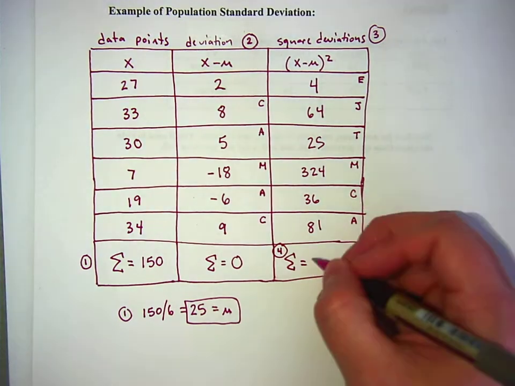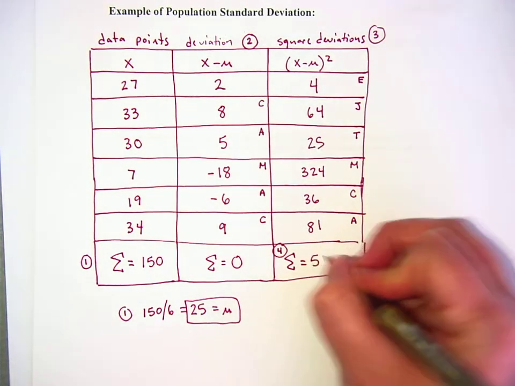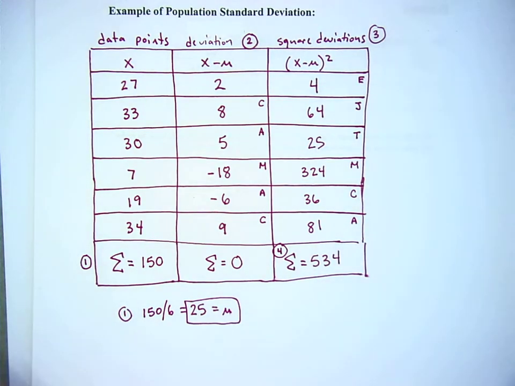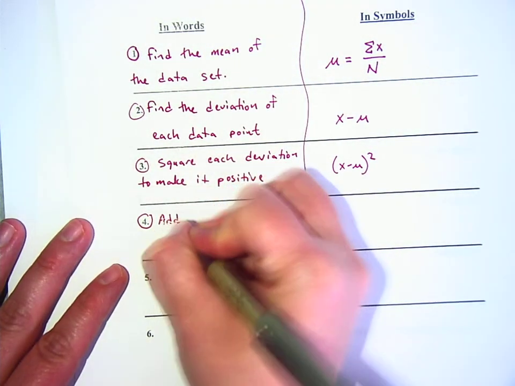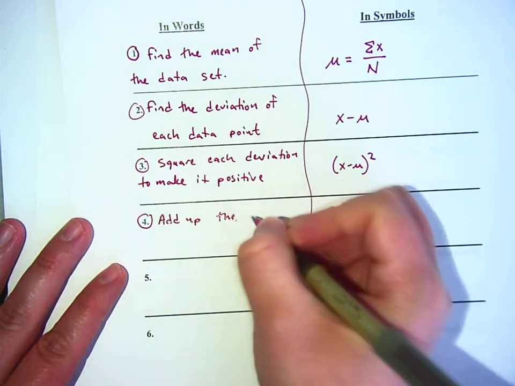What'd you guys get? 534. I got the same thing. Step 4: add up the squared deviations.